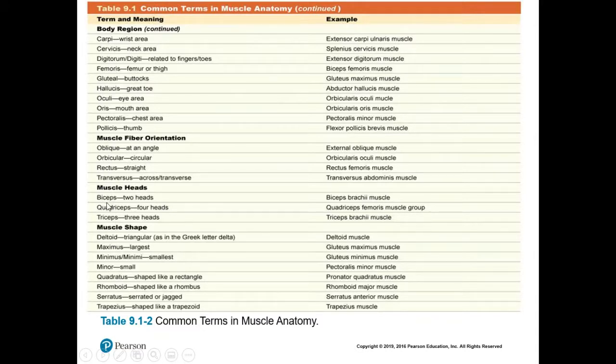Muscle heads, we have biceps, 2 heads, quadriceps, 4 heads, triceps, 3 heads. We'll go over all those muscles so you'll know which ones I'm referring to. And then shape, like the triangular deltoid on the lateral aspect of your arm.